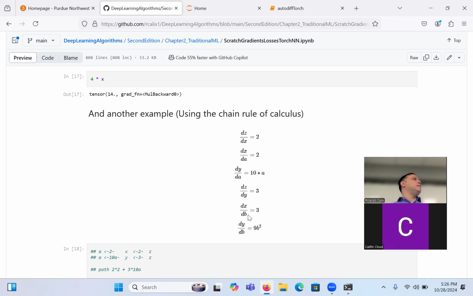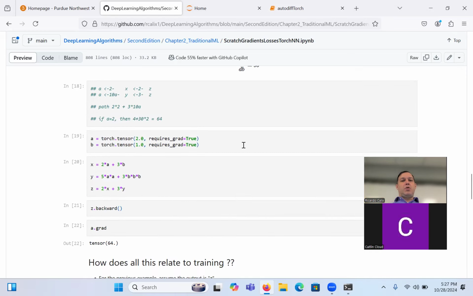Repeat the same thing I did, do the calculation analytically, corroborate, and do it in terms of B. That's equivalent to having a weight 1 and a weight B that you're updating in your network. So now I'm going to go ahead and create the two tensors A and B.